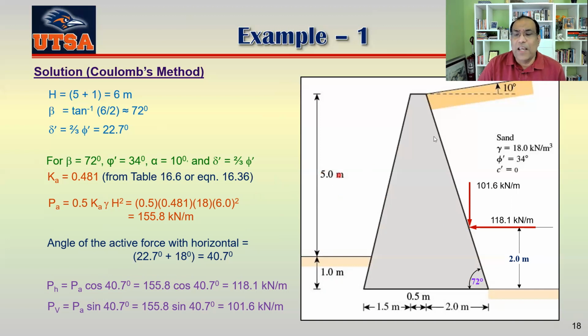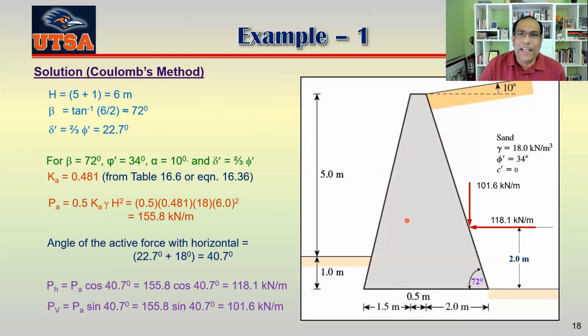The other thing is, whatever your alpha, your total height doesn't change in Coulomb's method. On the other hand, in Rankine's method, your total height changes if you have any alpha here. And the final difference is that for Coulomb's method, we only take the weight of the wall, not any soil included here.